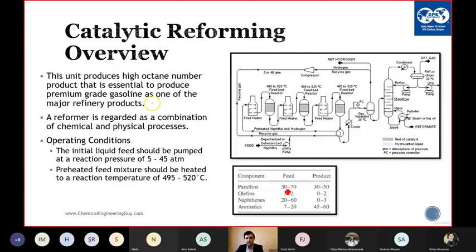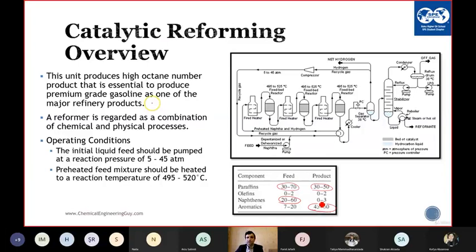As you can see, we have the paraffins from 30 to 70. In the products, we have 30 to 50. We mostly convert naphthenes, cycloalkanes, to aromatics. So aromatics contribute to the research octane number, RON.